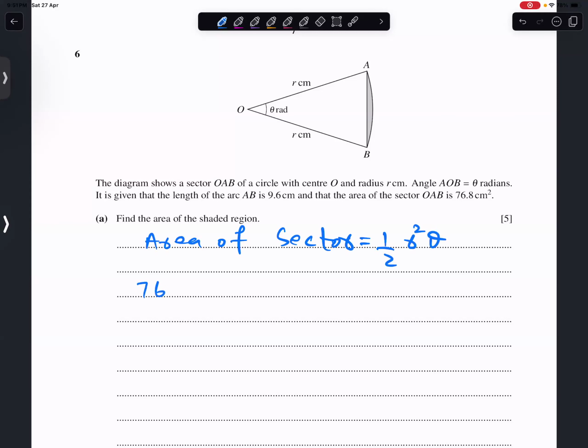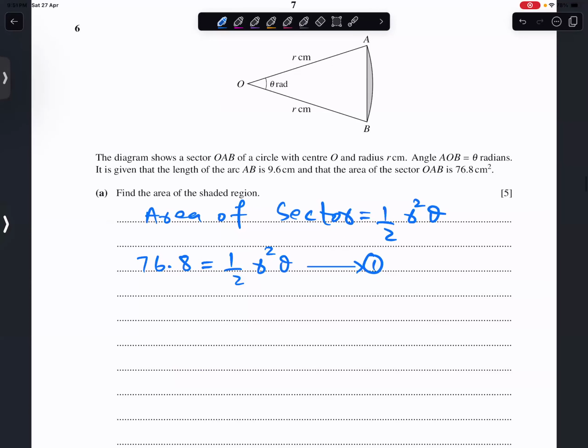And it is given that the area of the sector is 76.8. Call it equation 1. And secondly, arc length is r theta, and the arc length is given as 9.6, equals r theta. Call it equation 2.